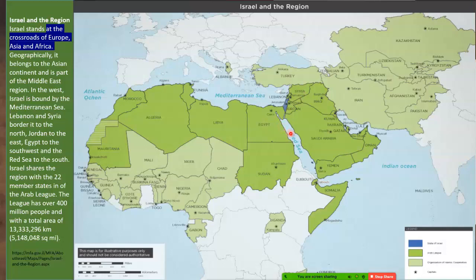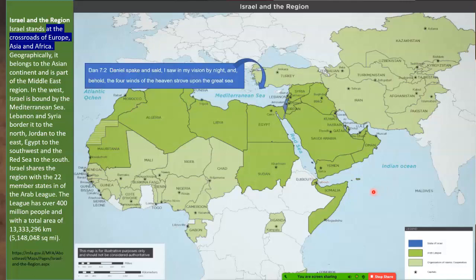Israel shares the region with the 22 member states in the Arab League. The League has over 400 million people, and with a total area of 5,148,048 square miles. Okay, so this is Israel and the region surrounding Israel.